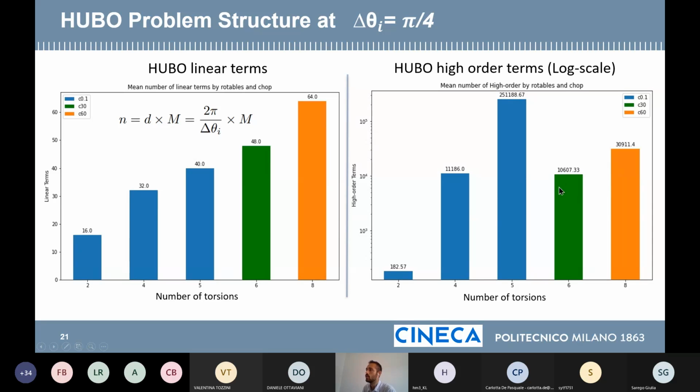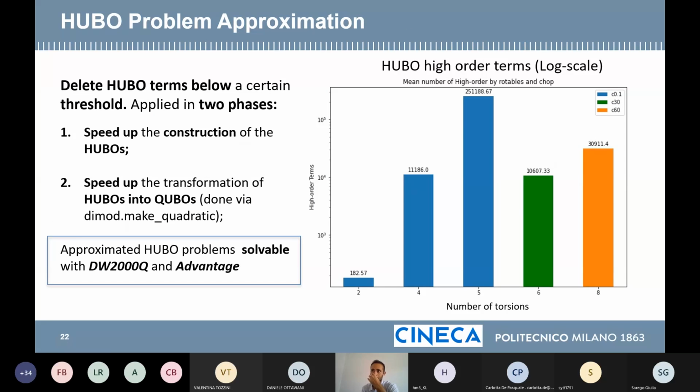This means that we were able to solve problems up to 8 torsions, which involve basically 30,000 high order terms. And that's what we did.